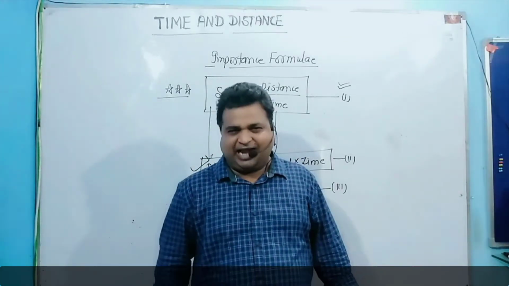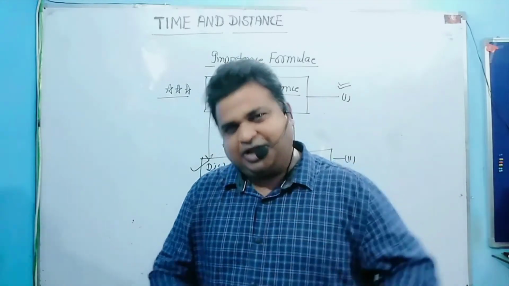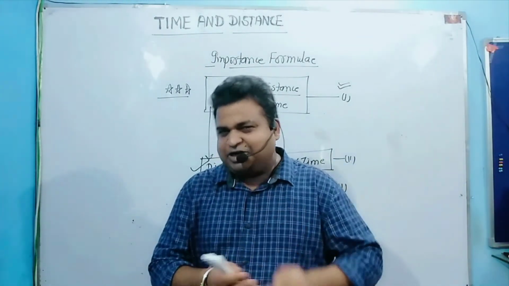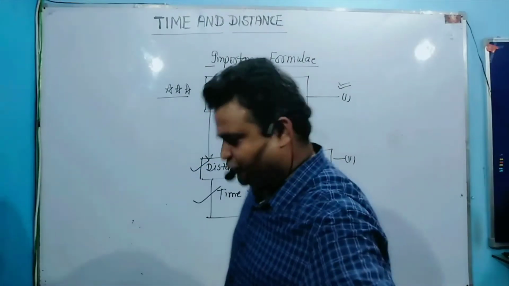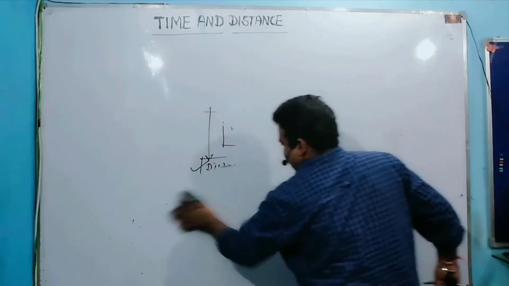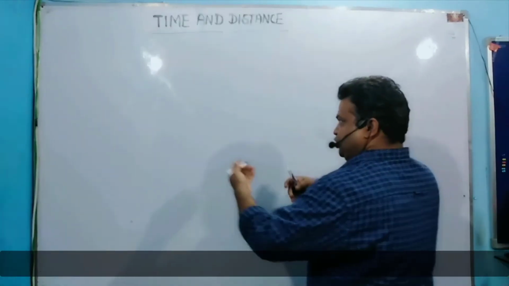I hope you understand. Now I am going to show how you convert kilometer per hour into meter per second, or meter per second into kilometer per hour. Let's do it. The important thing is to convert a basic equation into different units.